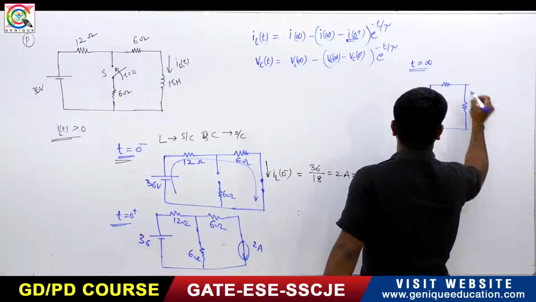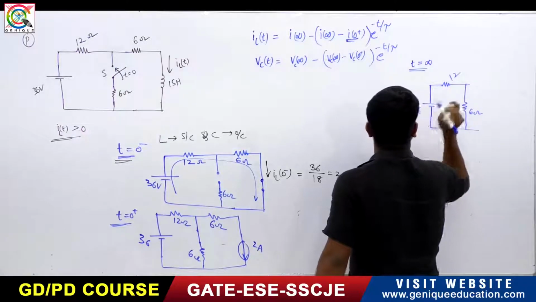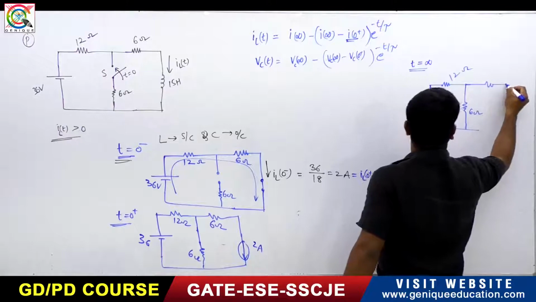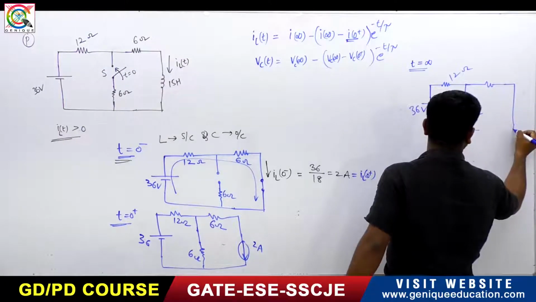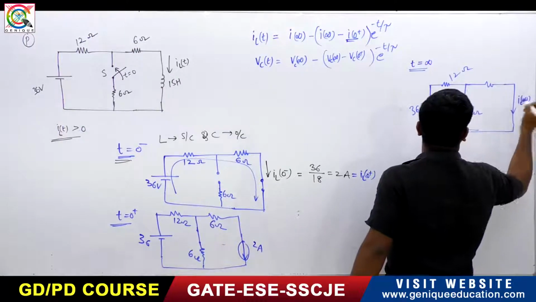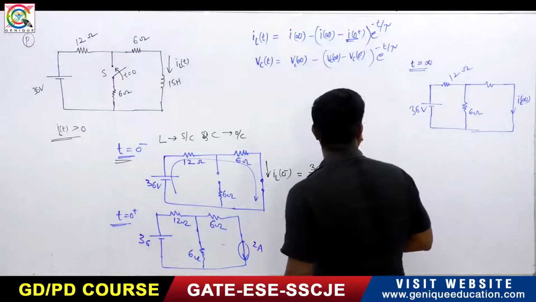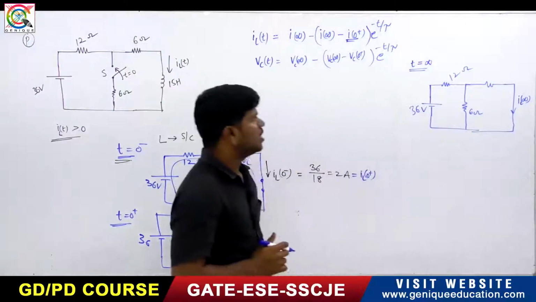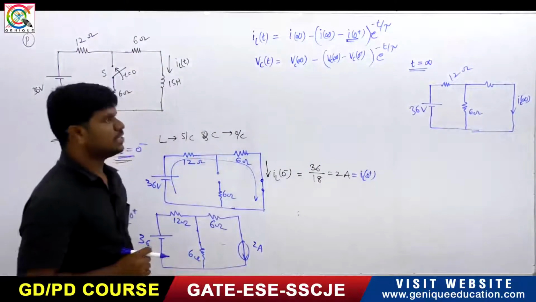It is 6 ohm, it is 12 ohm, it is 36 volts. So this is 6 ohm, and again it is short circuited, right? This is IL of infinity. So this is the circuit at t equals infinity.